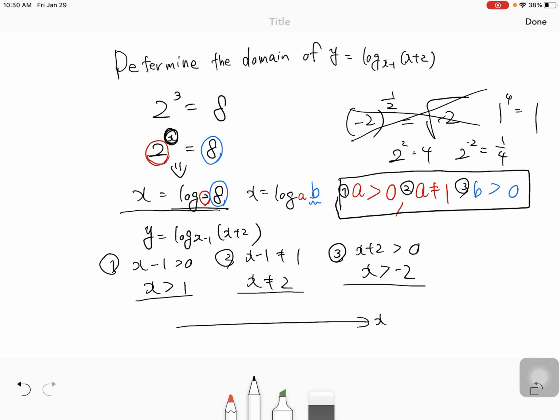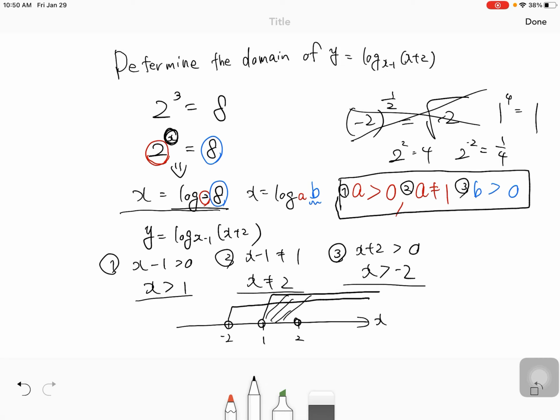So let me write a number line: negative 2 here, and 1, 2. So x is bigger than negative 2 here, and x has to be bigger than 1 here, and it cannot be 2.